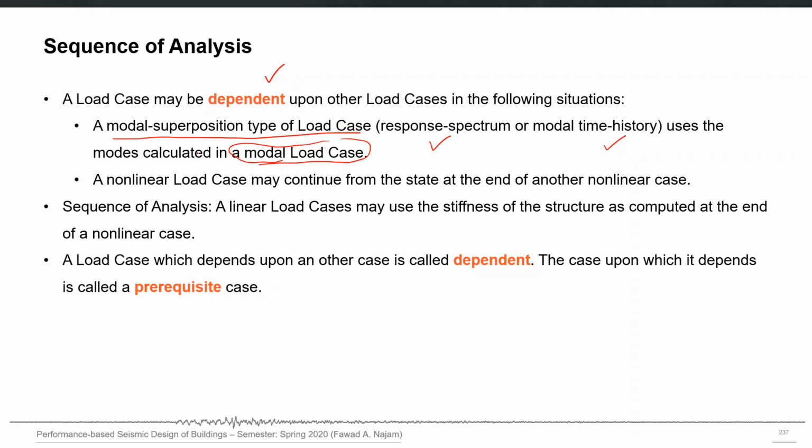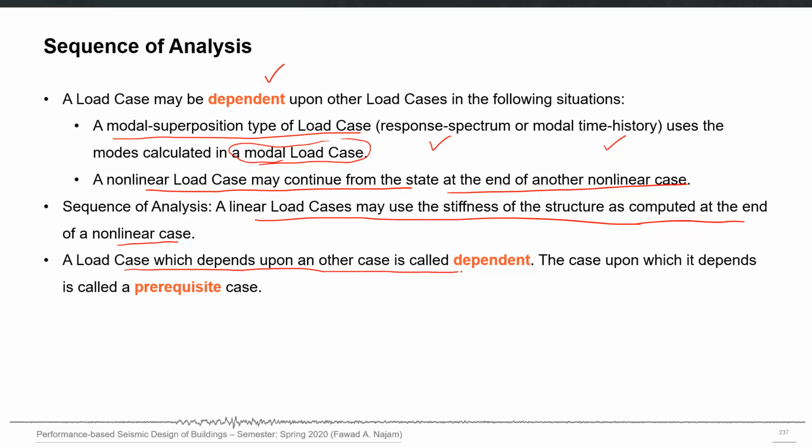The second example where one load case is dependent on another is a nonlinear load case that may continue from the state at the end of another nonlinear case. So if you want to use the deflected shape or the degraded stiffness matrix of a structure as a starting point for another load case, then you can use this option. So a linear load case may use the stiffness of a structure as computed at the end of a nonlinear case. A load case which depends upon another load case is called dependent, and the case upon which it depends is called a prerequisite case.